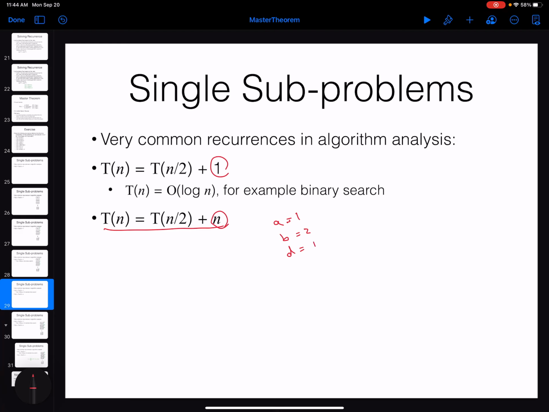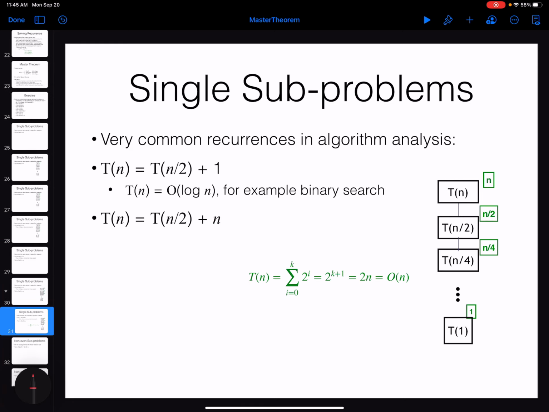So the ratio is going to be 1 over 2. This is less than 1. What is going to be the final result? The final result will be O of n. Okay, this is going to fall in the second case of the master theorem.